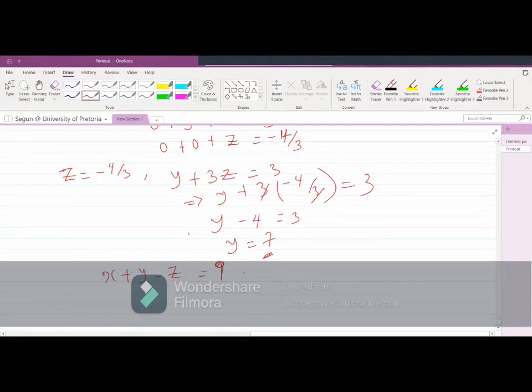So from there we can substitute it. So this will be x plus 7 minus z, which is minus 4 over 3, equals 9.